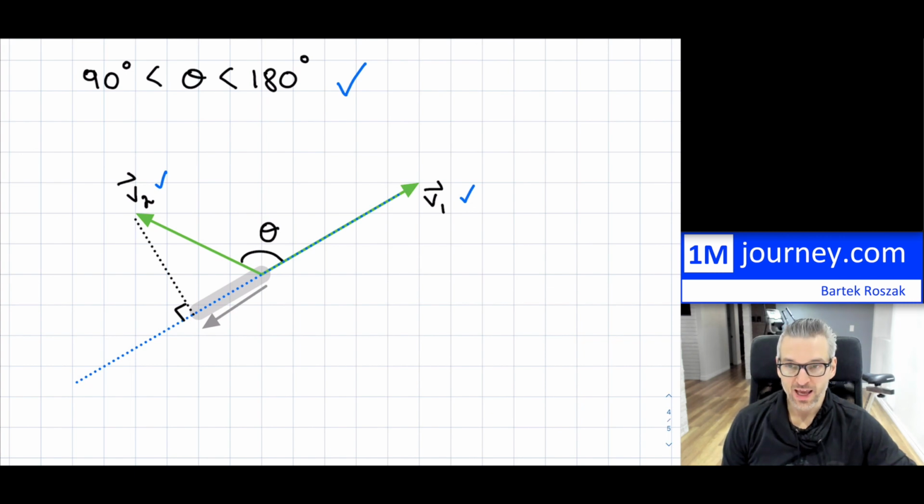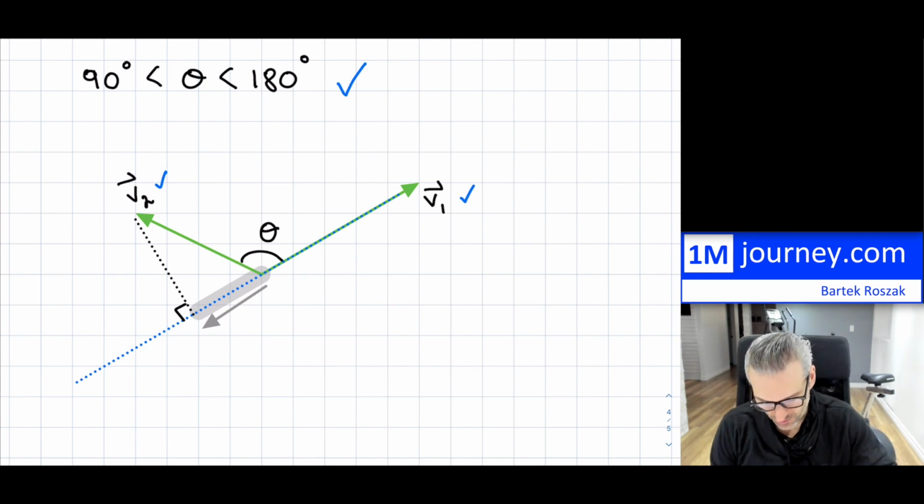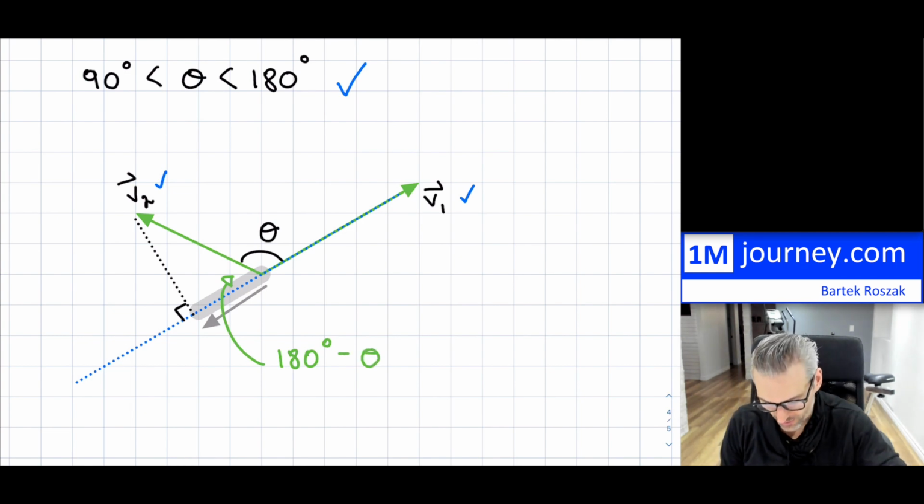Now, in our case right here, we're looking at this angle right there, which, if you remember, is 180 degrees minus theta. So that's the angle right there. I'm going to call this angle theta prime.